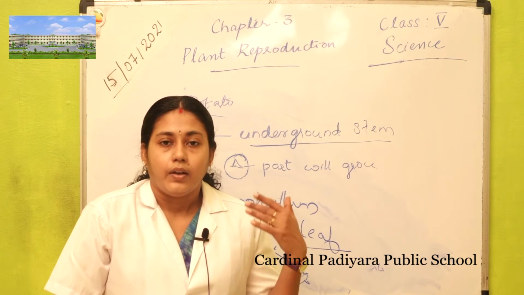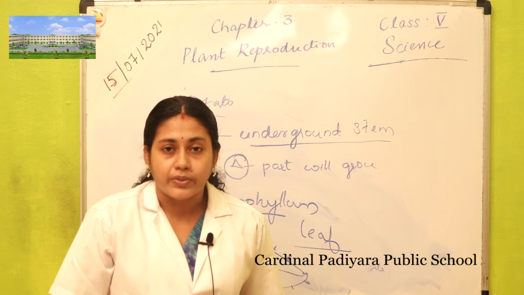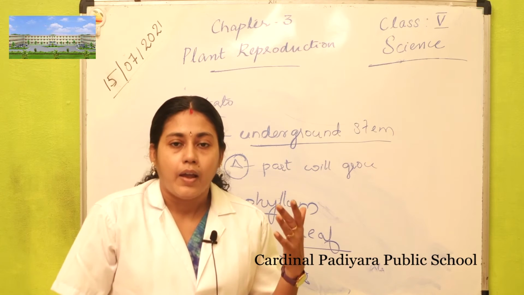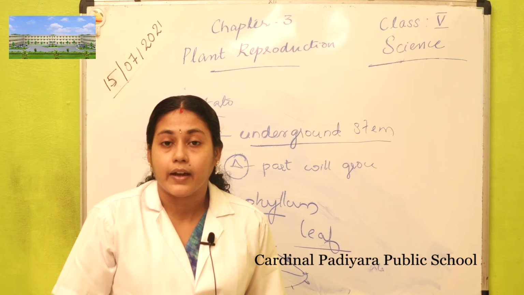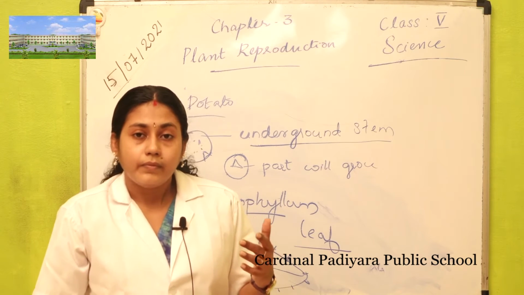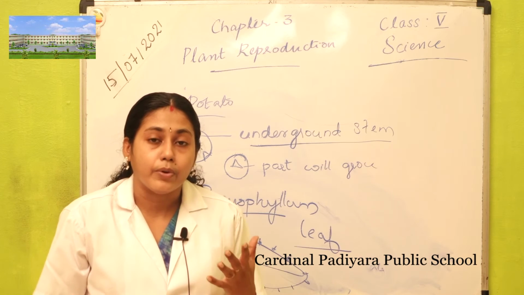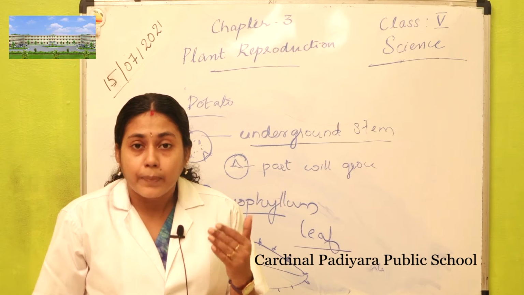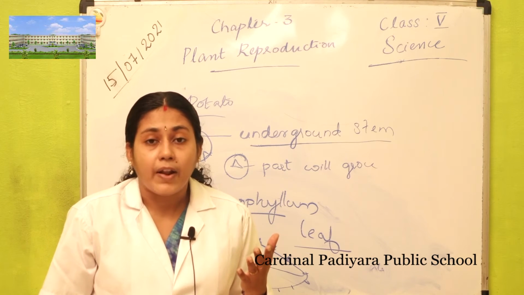You know that in the previous class you studied certain plants produce seeds, and these seeds spread with the help of animals, birds, insects, etc., by wind, water, etc. And prior to the production of seeds, a plant produces flowers.